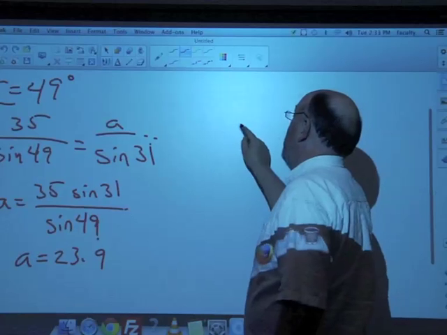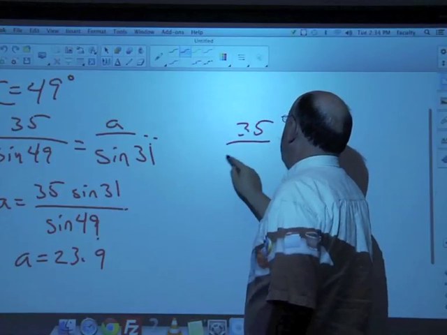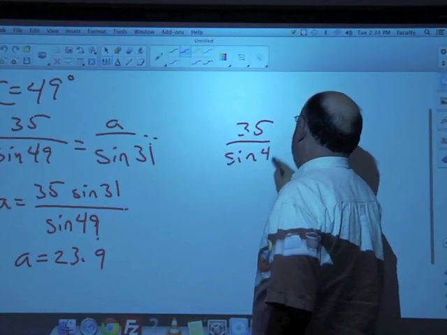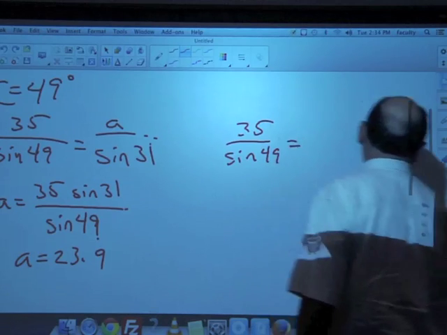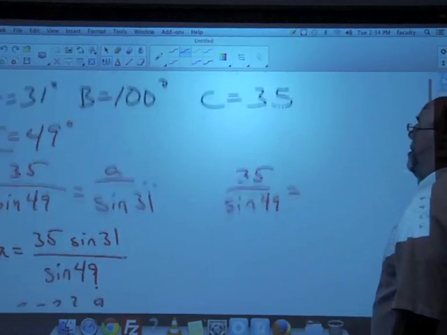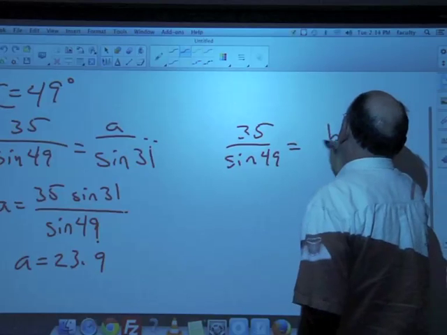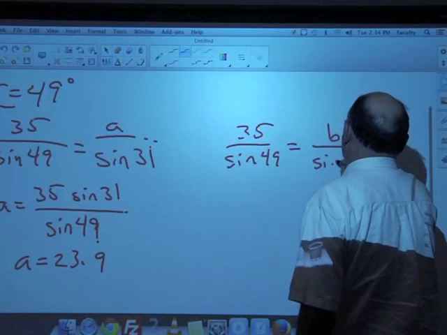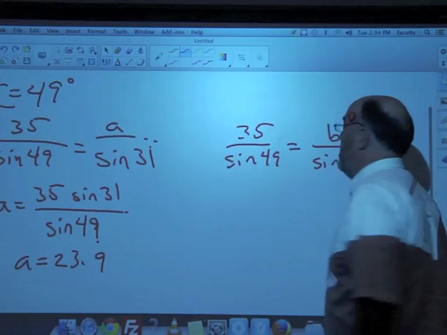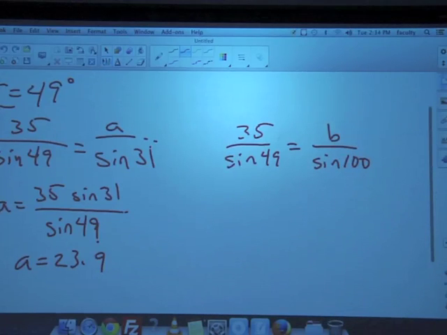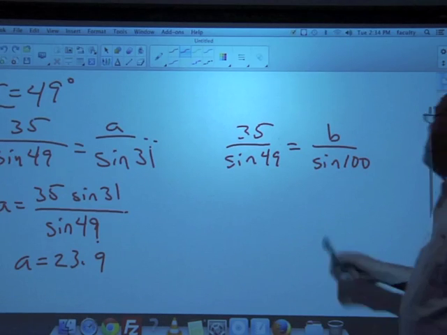So we get 35 over the sine of 49 is now going to equal B over the sine of 100. Same process. Cross, multiply, divide.